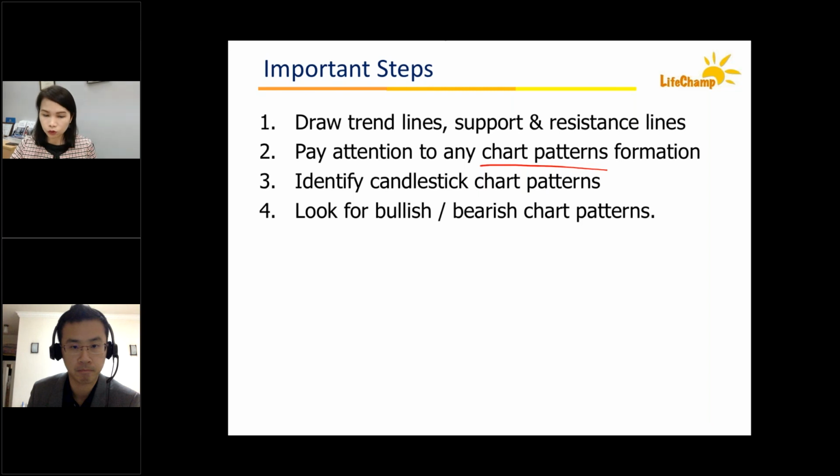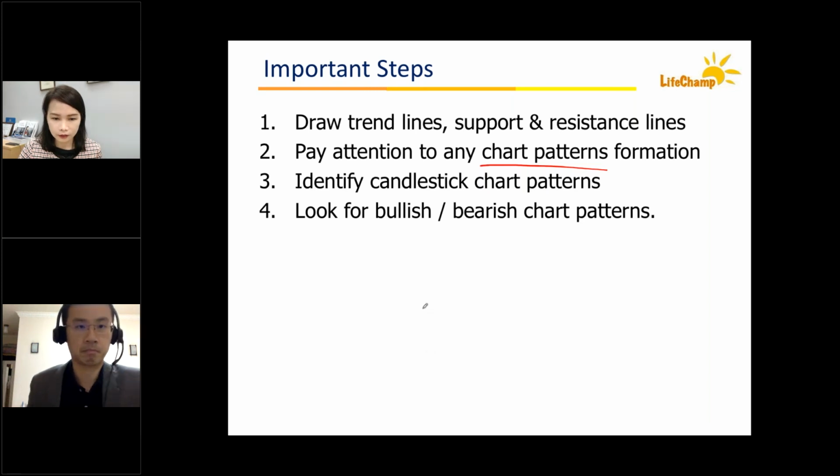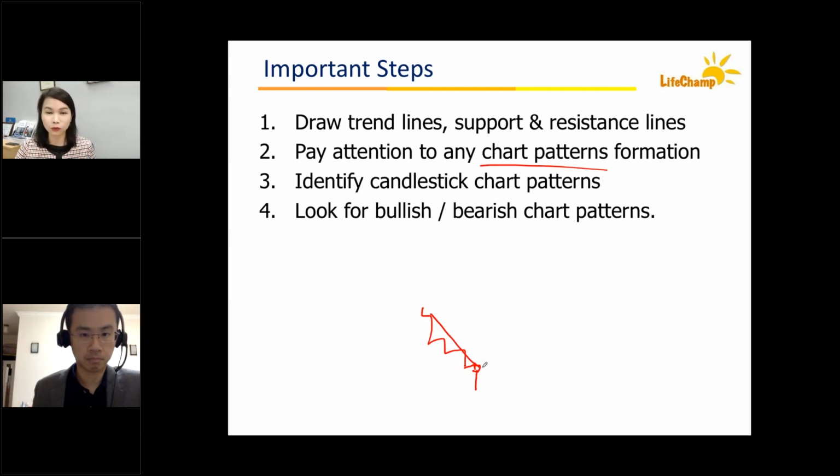Let's say you draw a trend line, and this is a downtrend, right? Then you are supposed to break out, and then you see that you have this hammer. So it's like, oh, definitely it's going to break out already because I have this strong support, and then it's a hammer.